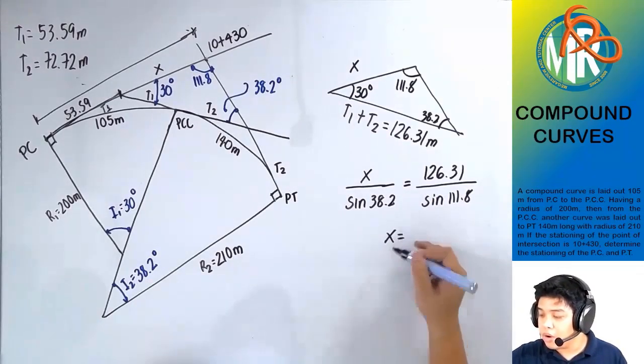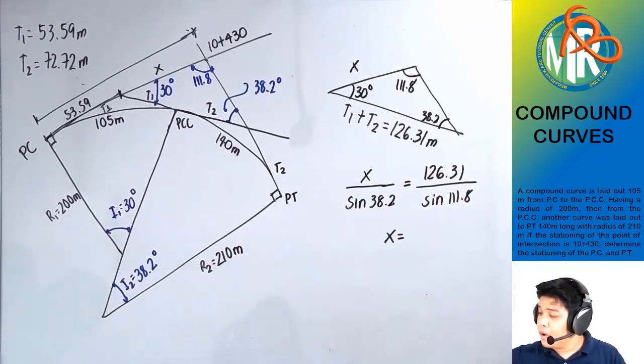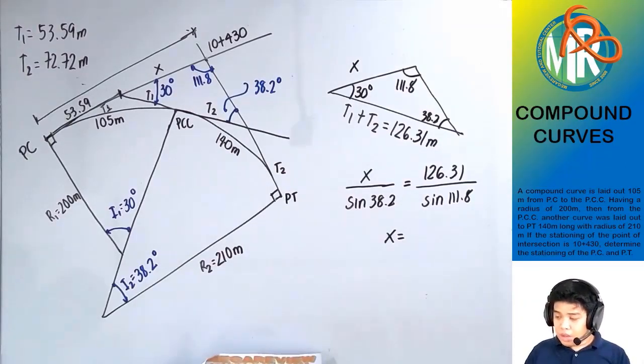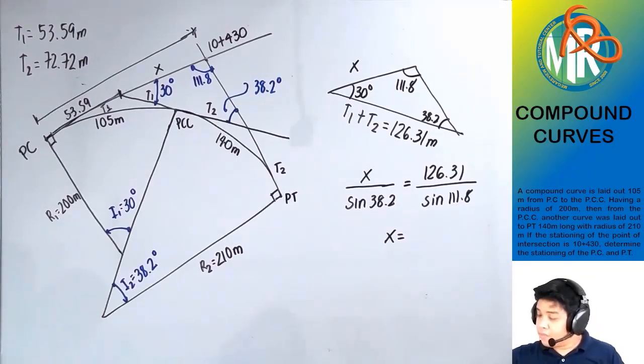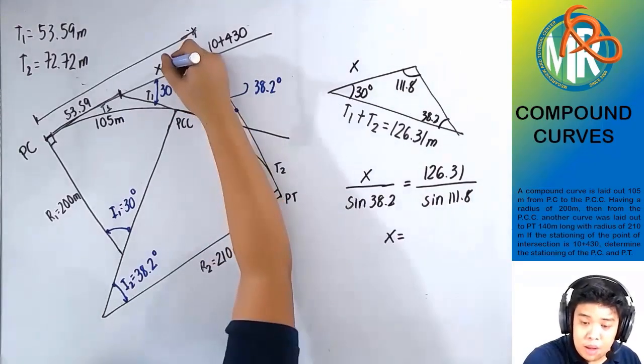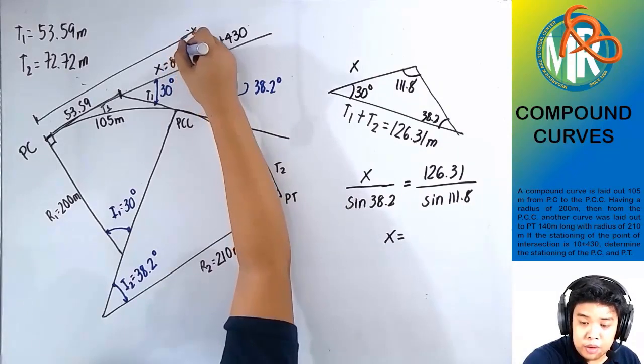So therefore, ano ang value ng x natin? The value of x is 126.31 times sine 38.2 over sine of 111.8. The answer is 84.13.